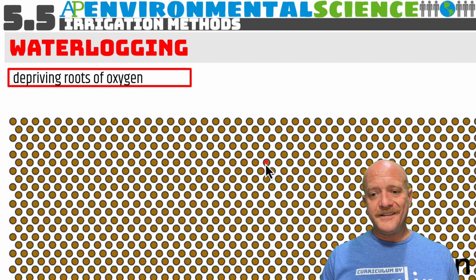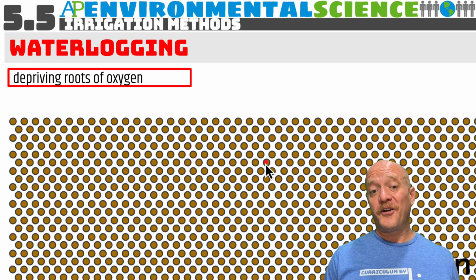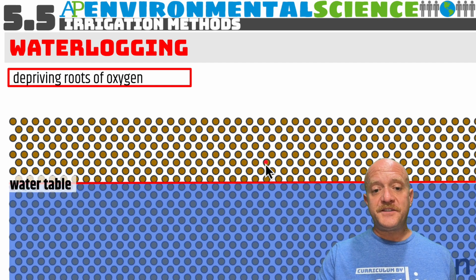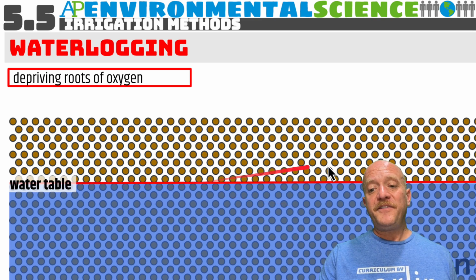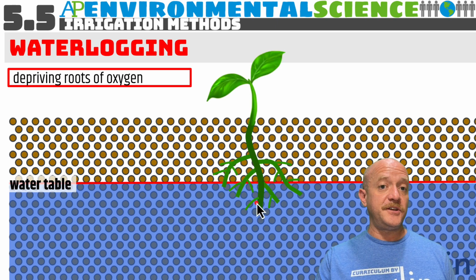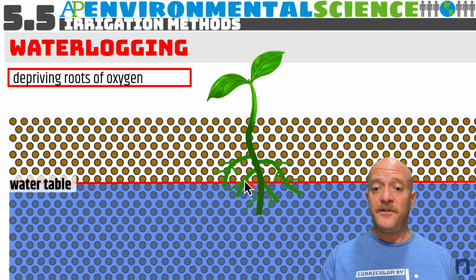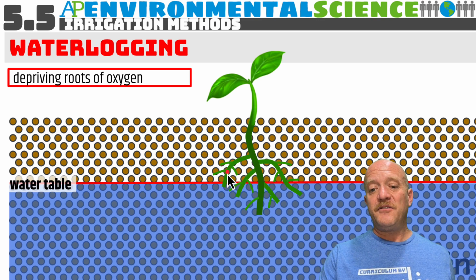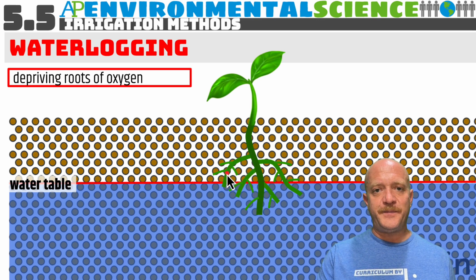So waterlogging, this represents the soil particles. Waterlogging is simply depriving the roots of a plant of oxygen. If you assume that we have the aquifer underground, the top of the aquifer is called the water table. So when we plant our plants, some of the roots go beneath the water table, but some of them just reach down, dip their toes in the water, so to speak.